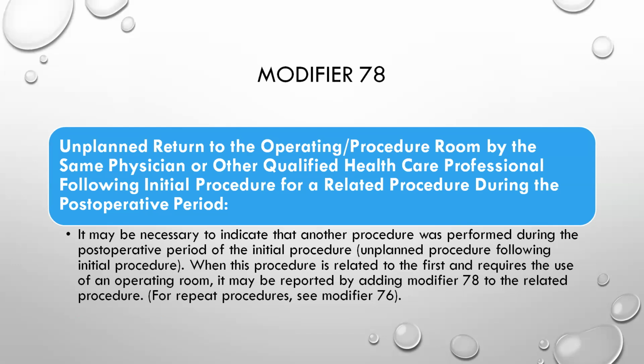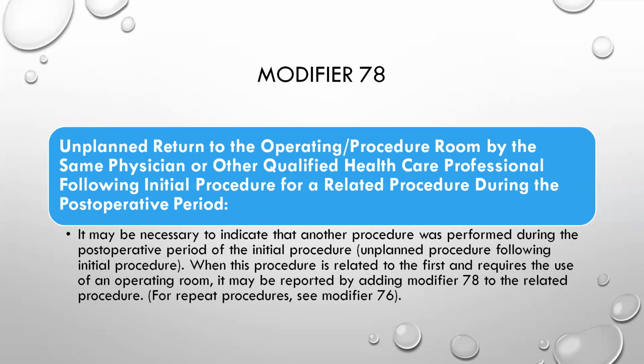So that's why really having knowledge of when it is appropriate to append these modifiers is so important, because if you're appending them inappropriately, you're actually billing it to the insurance and not giving the full story.